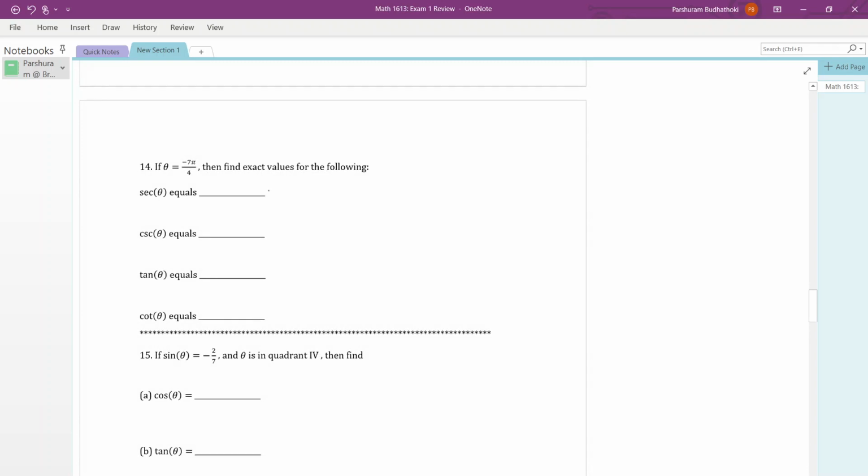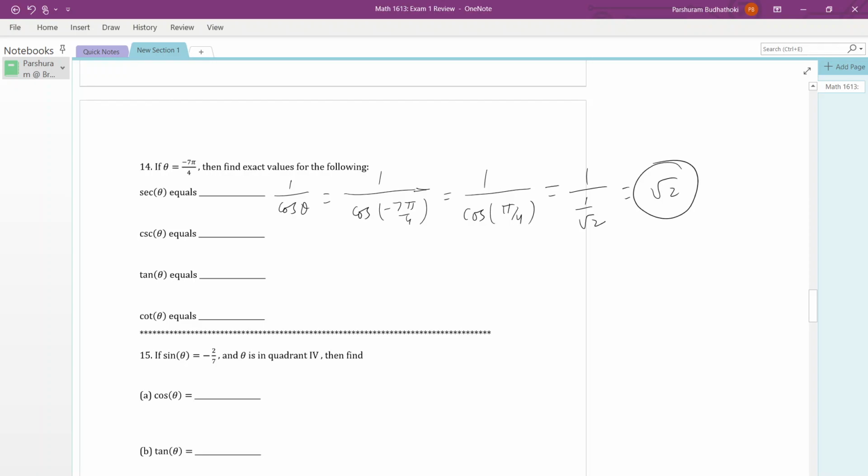What is secant theta? One more time, it's 1 over cosine theta. It's 1 over cosine negative 7 pi over 4. You can either use the calculator, or find the coterminal angle, which is cosine pi over 4, and that is 1 over square root of 2, and if you simplify that, it will be square root of 2.